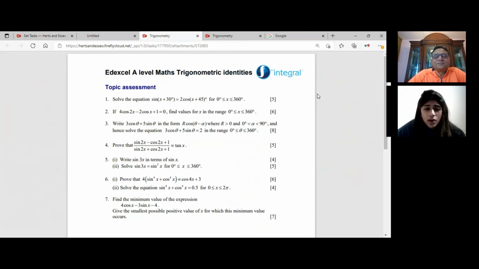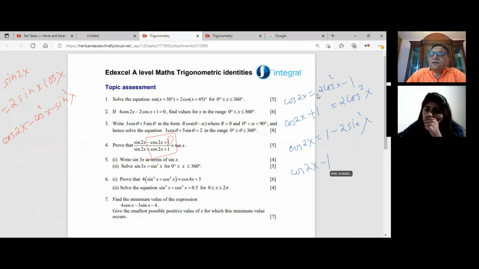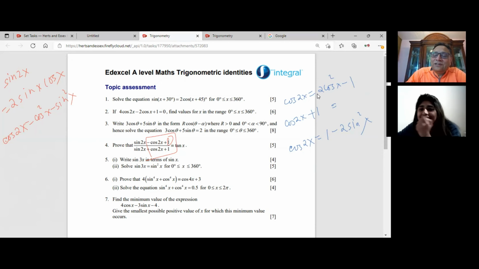So from here, what you get is that cos 2x plus 1 is 2 cos square x. And 2 sine square x is basically equal to 1 minus cos 2x.